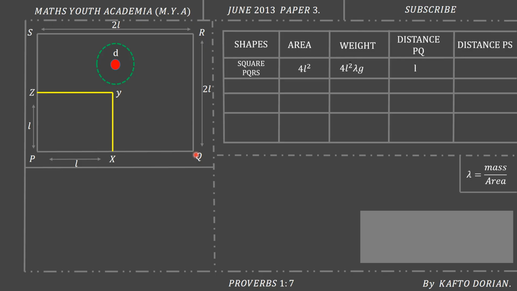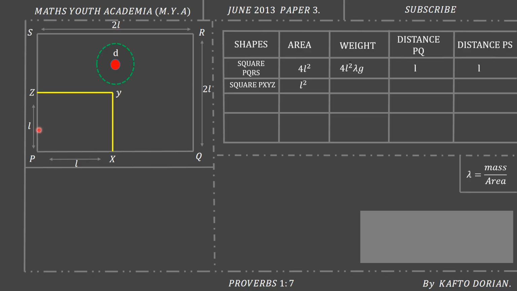Since the complete distance QR is 2L, the distance from PQ to the center is L, and the distance from PS to the center of the square PQRS is still L.